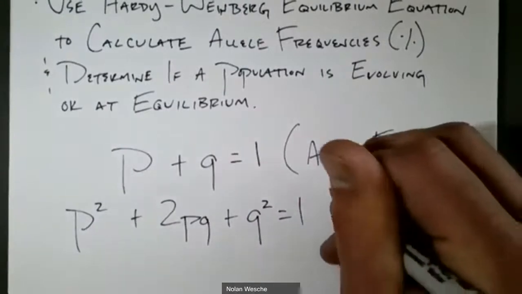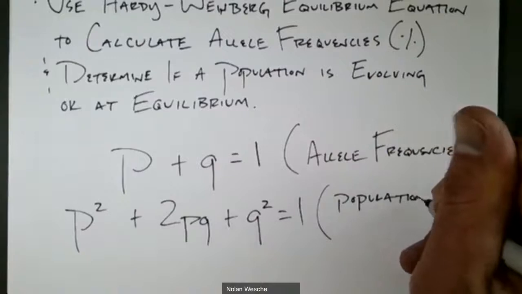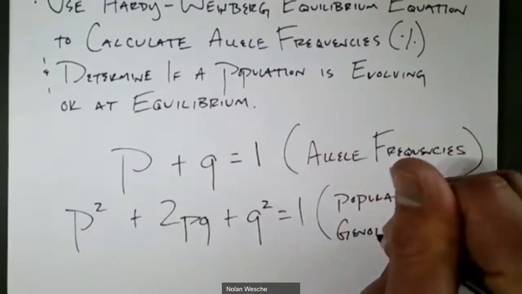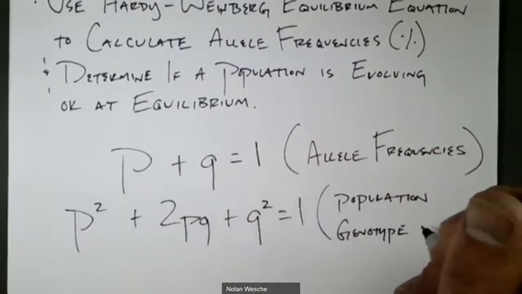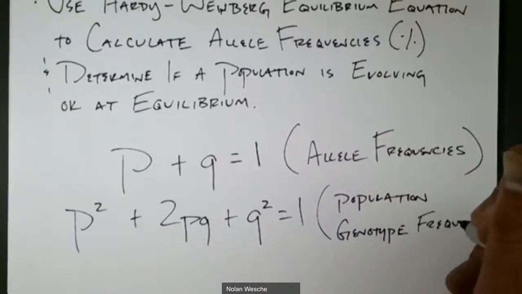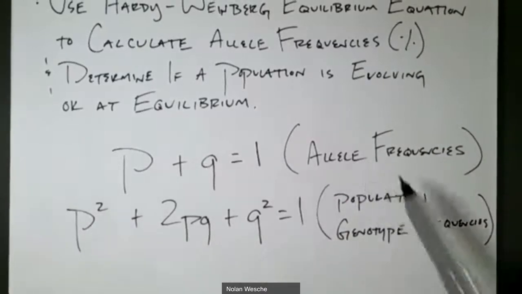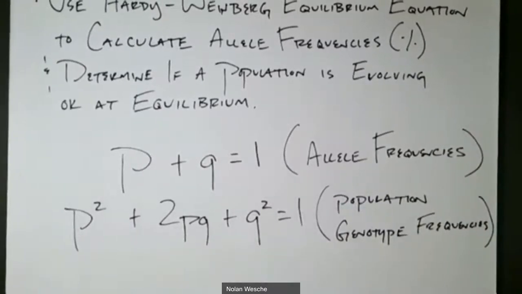And these are population genotype frequencies. So we have allele frequencies and we have population genotype frequencies.